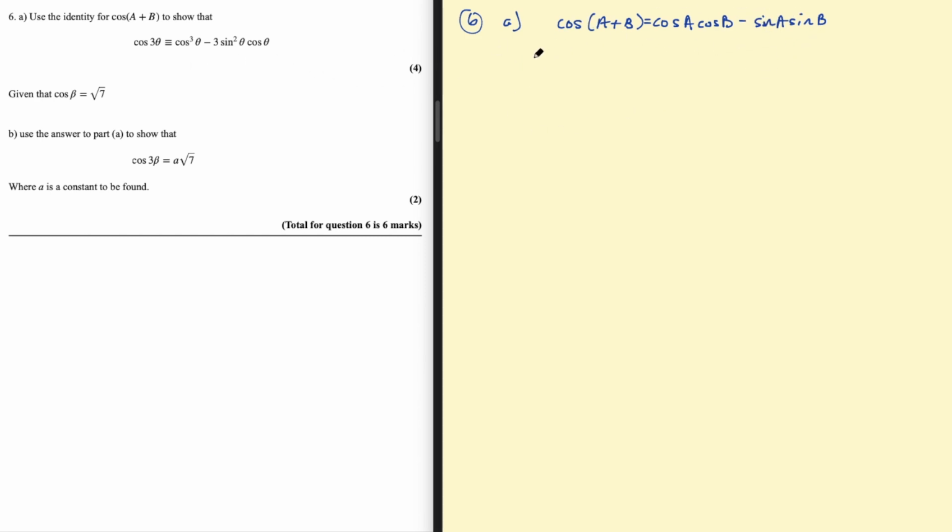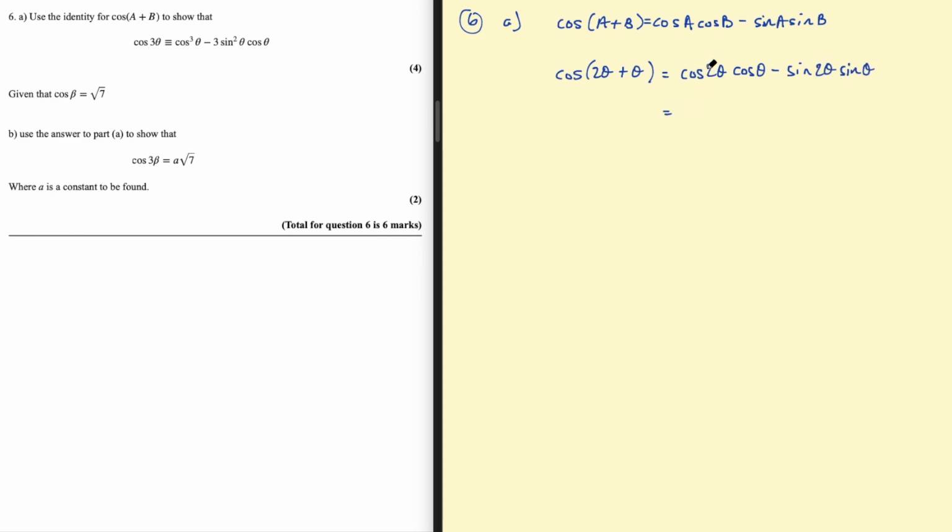Anyways, to use that identity, we're going to say cosine of 3 theta is cosine of 2 theta plus theta. So plugging 2 theta and theta in for a and b, we're going to have cosine of 2 theta cosine theta take sine 2 theta sine of theta.